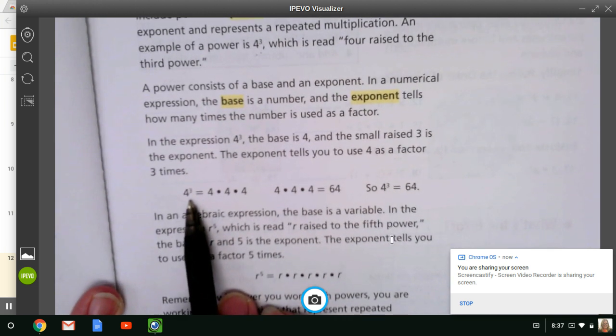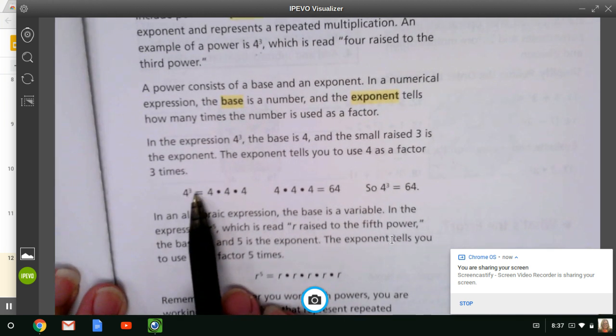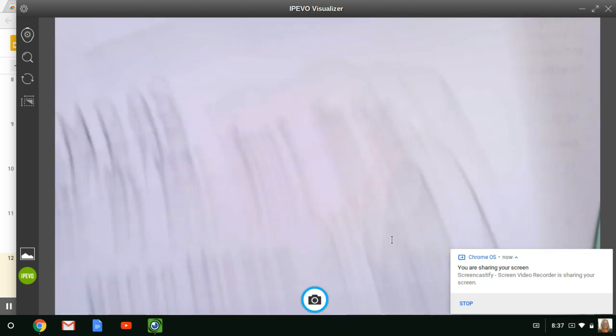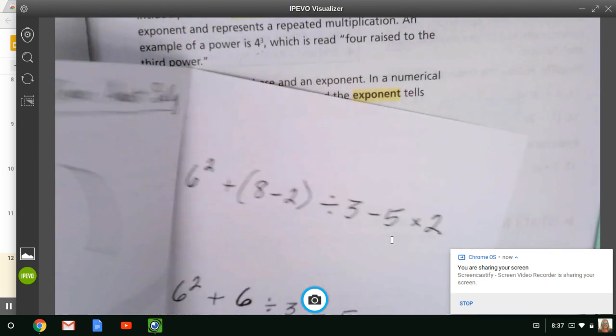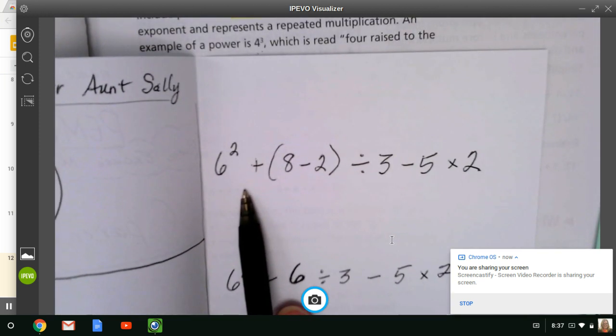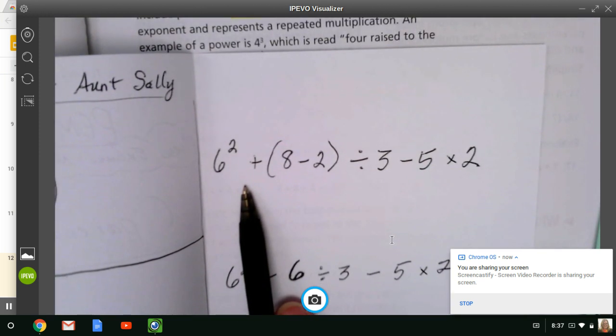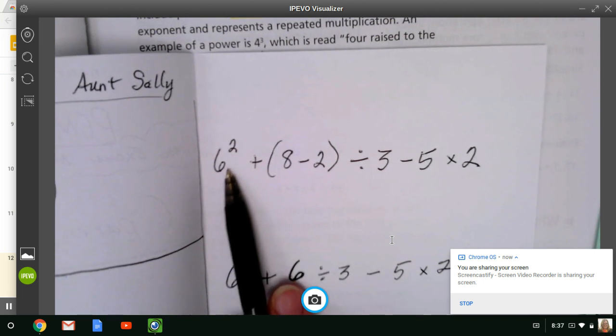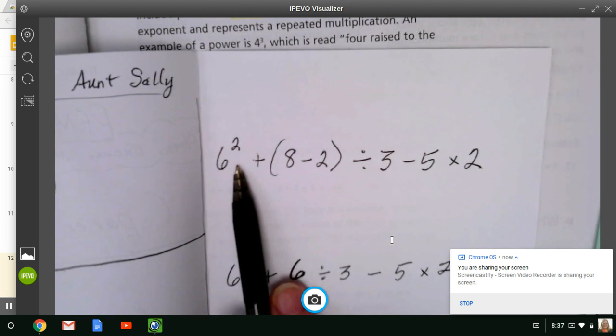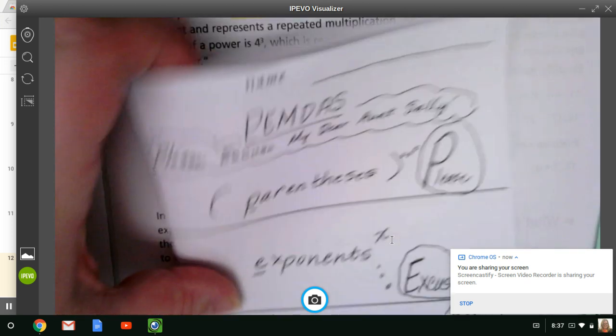So like we saw recently when we practiced our PEMDAS notes, we had this expression. We had 6 to the power of 2, or raised to the power of 2, and we practiced that.